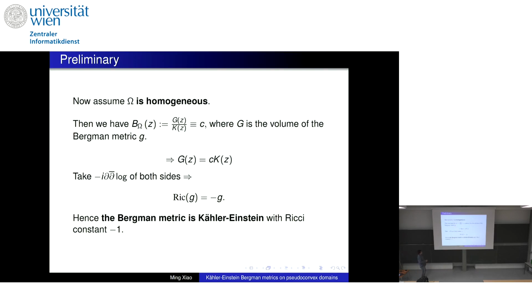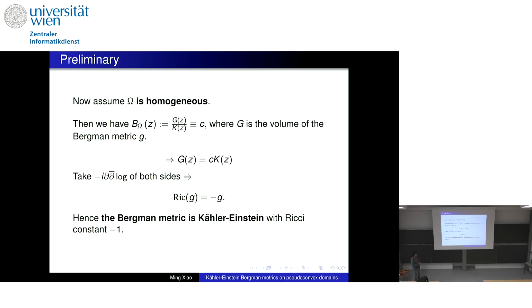Our setup is that omega is bounded and homogeneous, and we have just convinced ourselves that the Bergman invariant function is constant. Recall the Bergman invariant function is defined by the quotient of G over K, where G is the volume of the Bergman metric. So G is proportional to the Bergman kernel at every point by the same constant C. If we take minus ∂∂̄ log of both sides, then the left-hand side is precisely Ricci, by definition of Ricci.